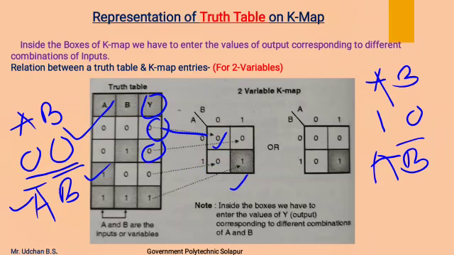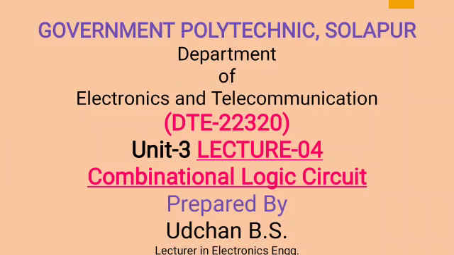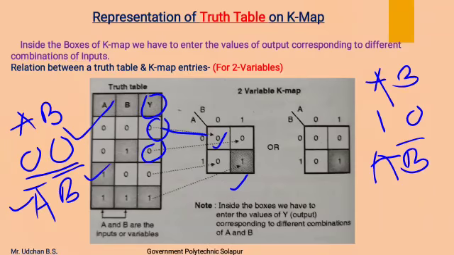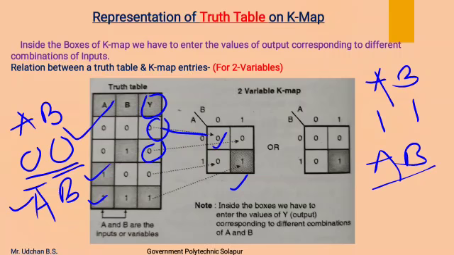After that the next input combination is 1 1, A is 1 and B is 1, that is the product term will be AB, and the position of that AB product term is over here, for which the value of A is 1, value of B is also 1. So this last one will go at this cell position.